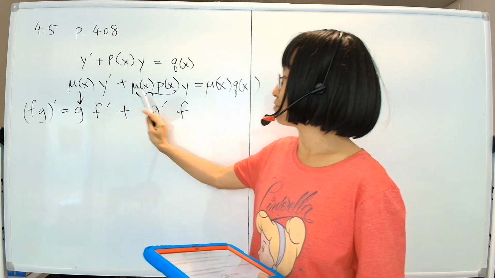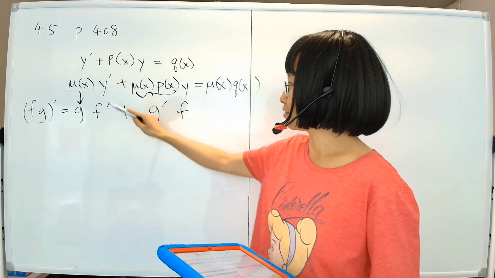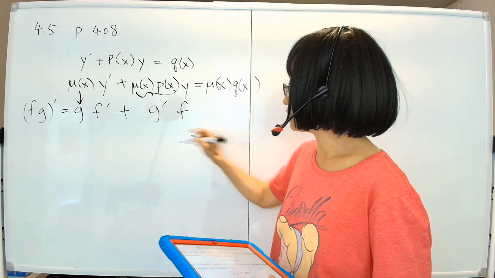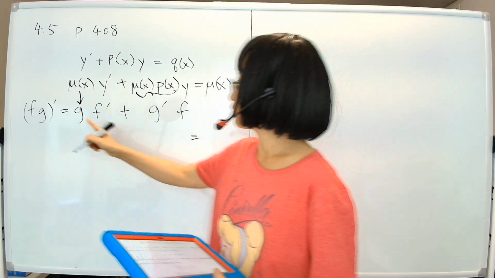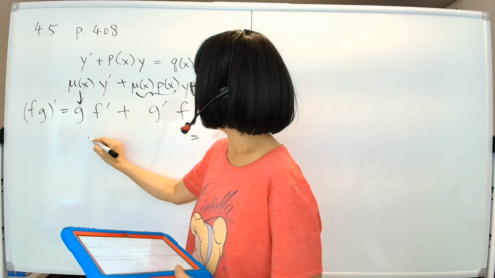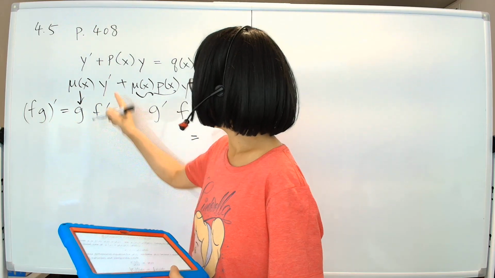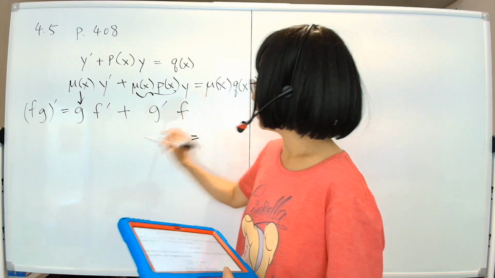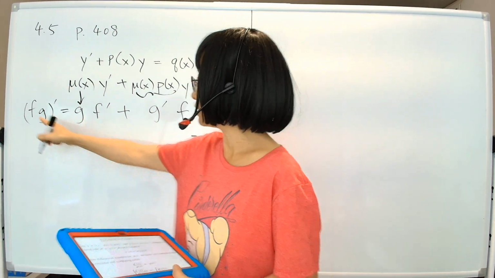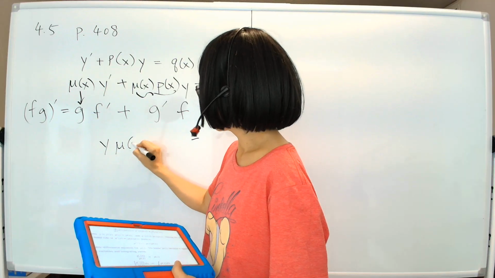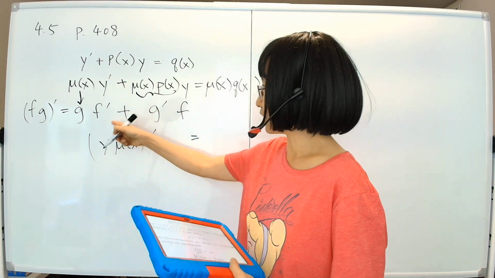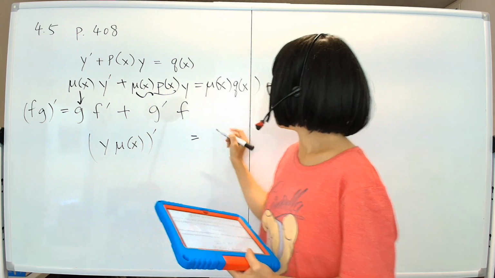Now if we can find such a mu of x such that everything corresponds, that means that correspondingly speaking, g is mu of x, right? So then f is y. Okay, so that means y mu of x, which is fg, the derivative, which is this thing, right, then equals to this side.